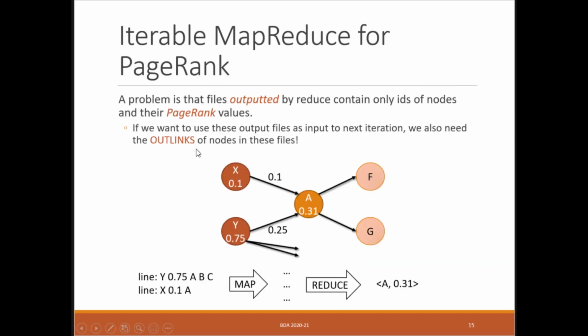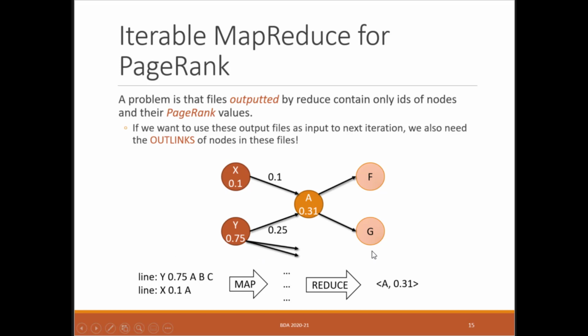As discussed in the example, PageRank values in each iteration are updated using the ranks obtained from the previous iterations. It means that we should execute our MapReduce algorithm for PageRank as many times as required to obtain the final ranks. However, there is a problem, and I would like to explain this problem by using an example.